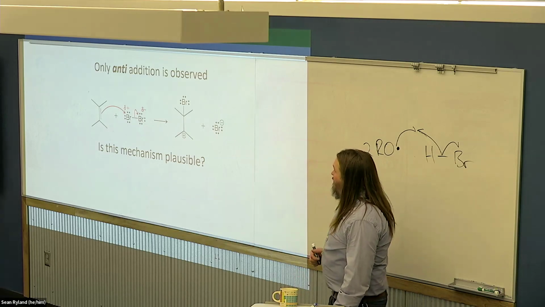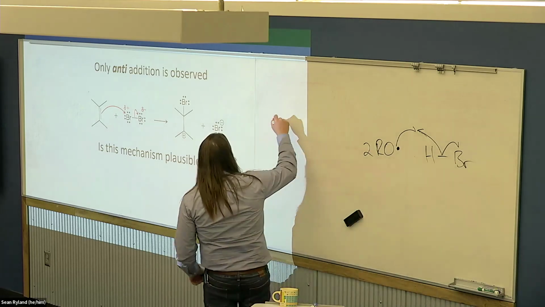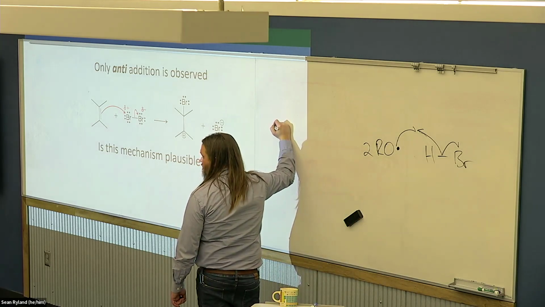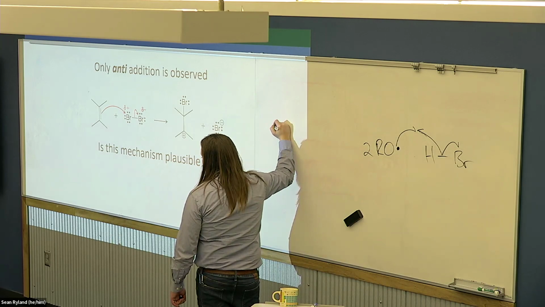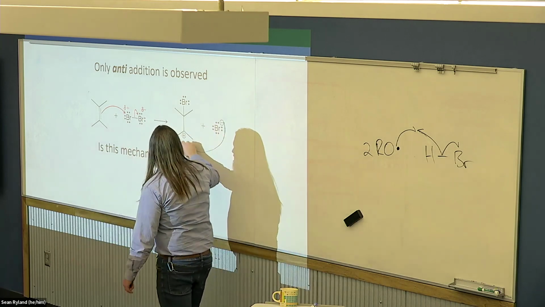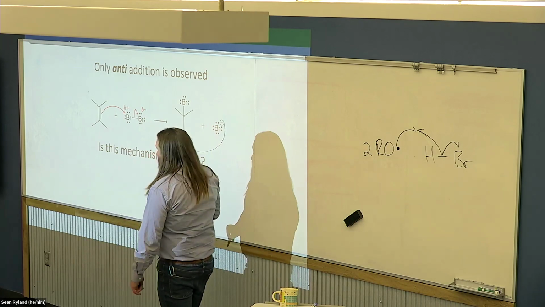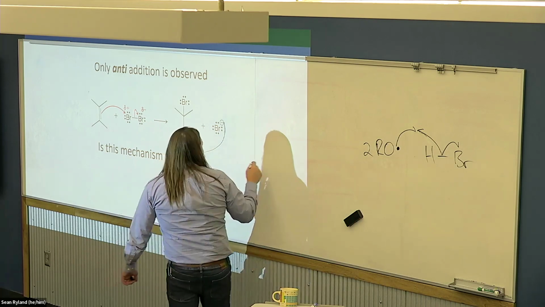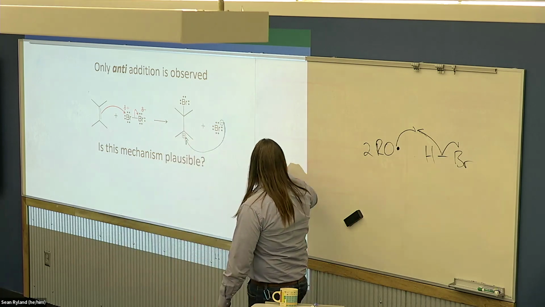If it was going through this mechanism, this should all happen at once, right? Even if the next step was this, we would still get adding bromine to each side of the pi bonds. But what would the geometry look like?